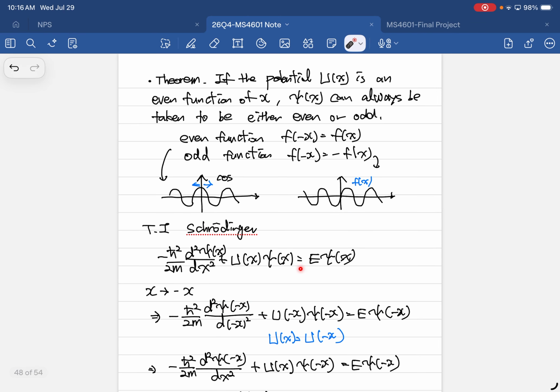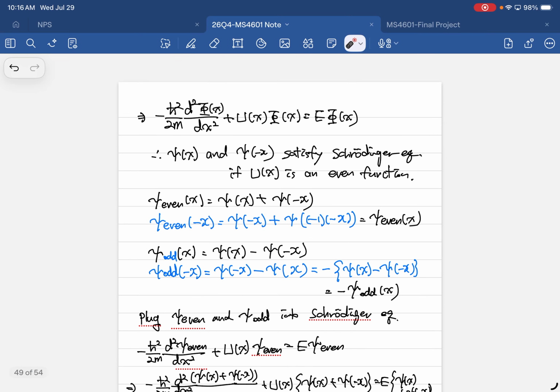This is the Schrödinger equation. And if you look at this expression, the symbol is different, but the equation itself is exactly the same as the Schrödinger equation, right? So what that means is that if U of x is an even function, this psi of x and psi of negative x give exactly the same Schrödinger equation, okay?